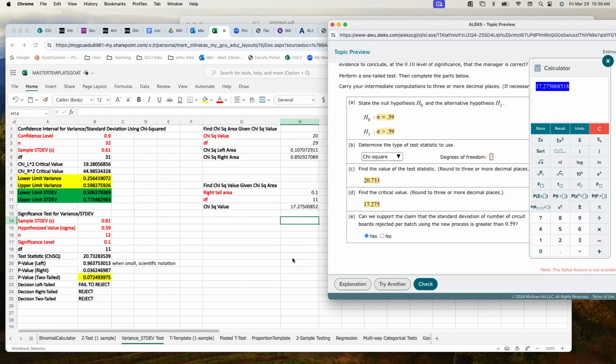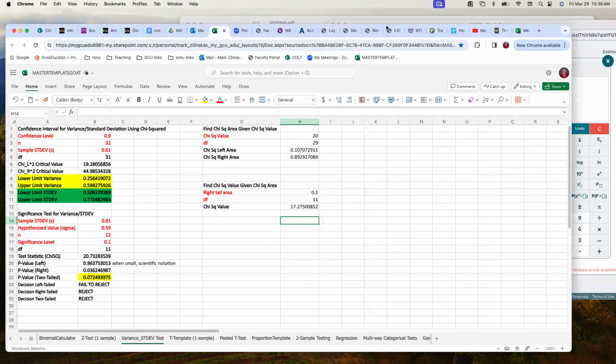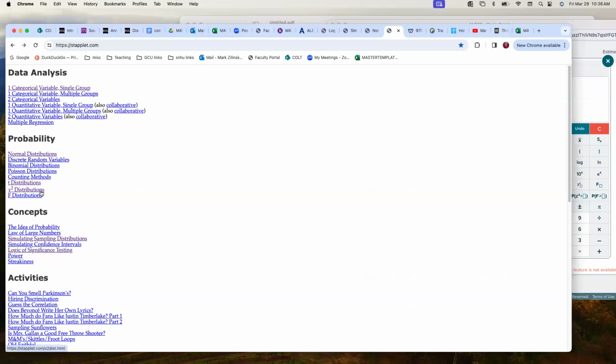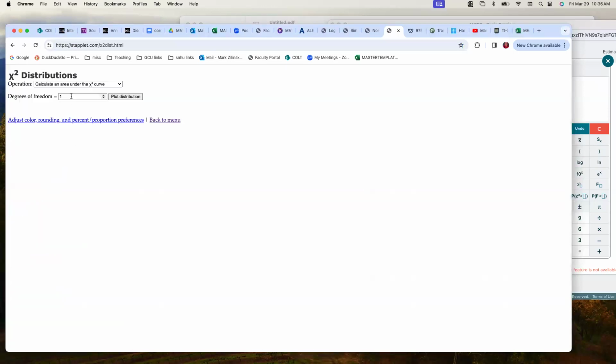So if I take the 17.275 and come over here to the chi-squared distribution, just so you can see a picture of this, let me put the 11 in here.